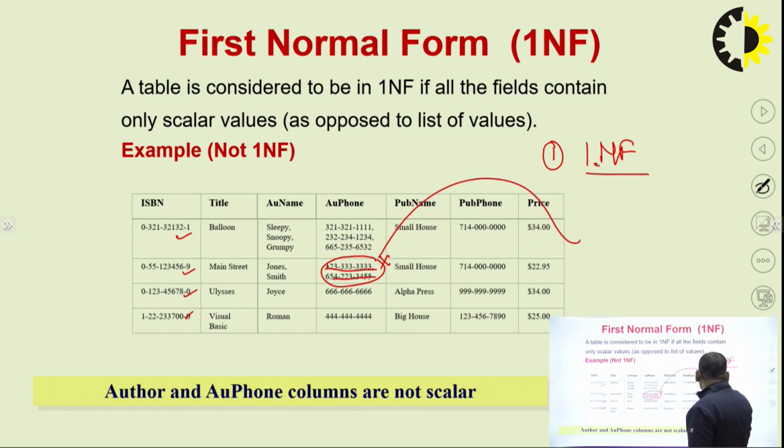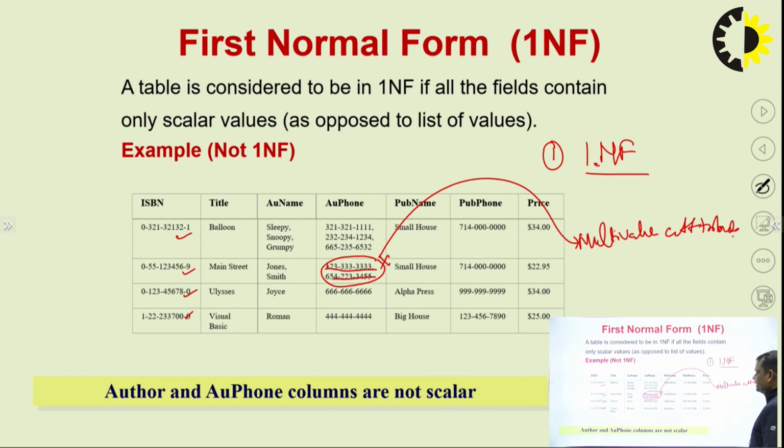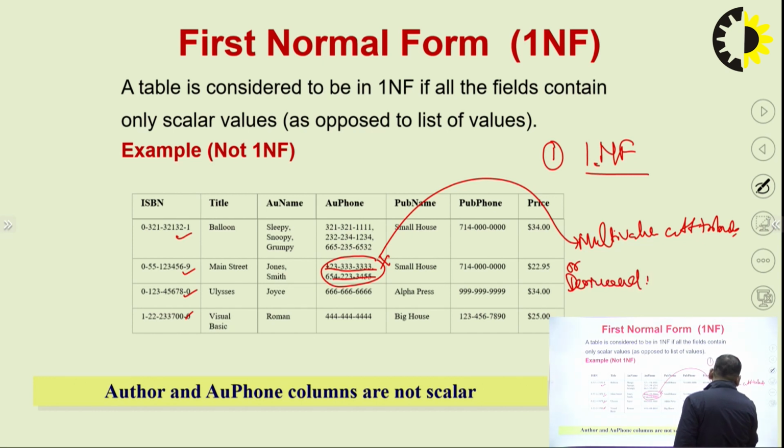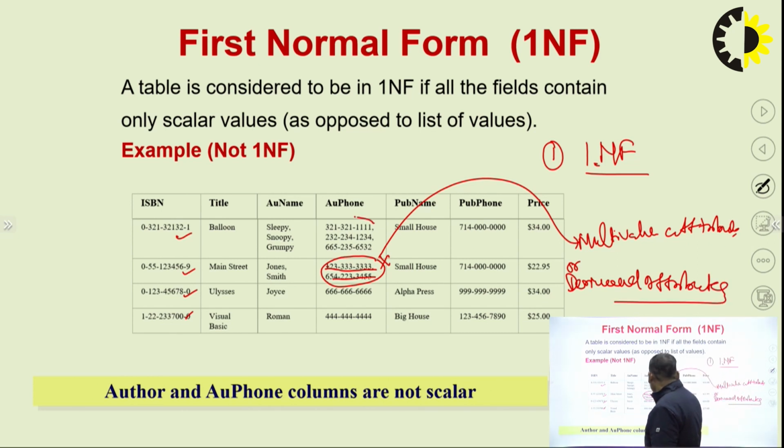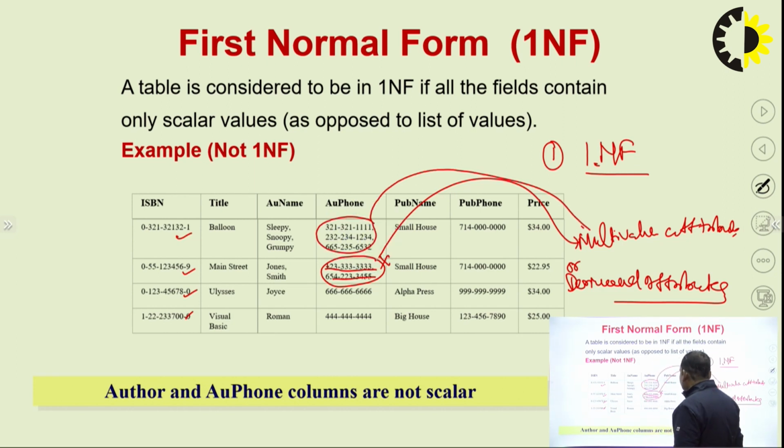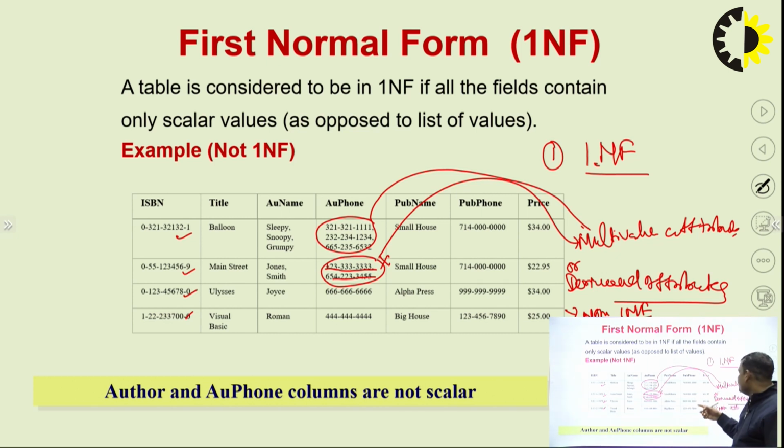These are known as multi-value attributes, also called derived attributes. If multi-value attributes are used, the table is not in first normal form.